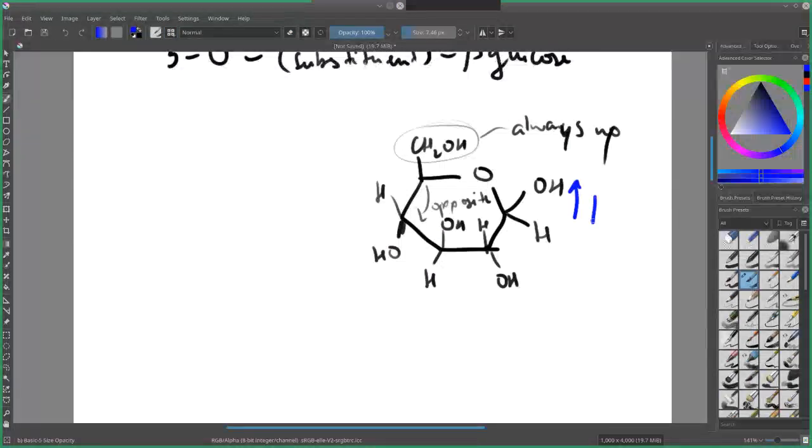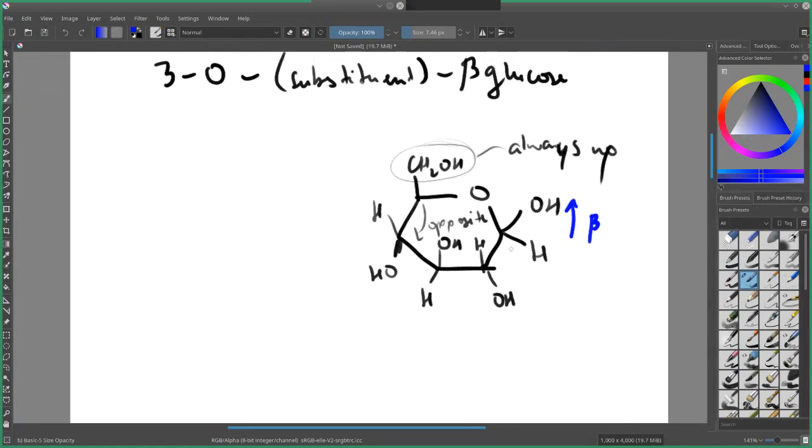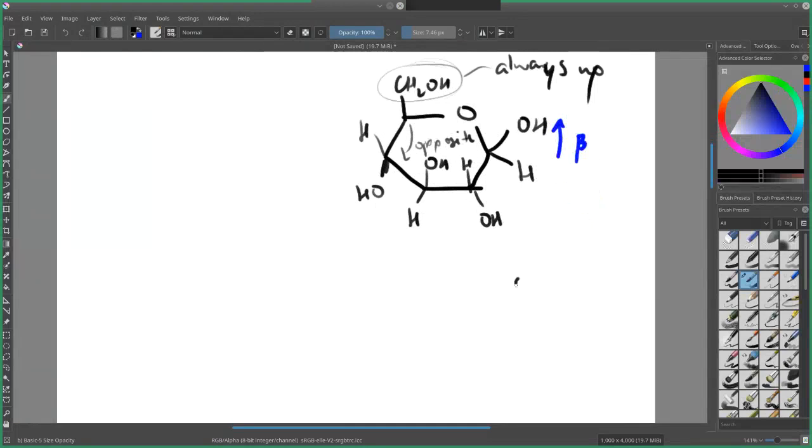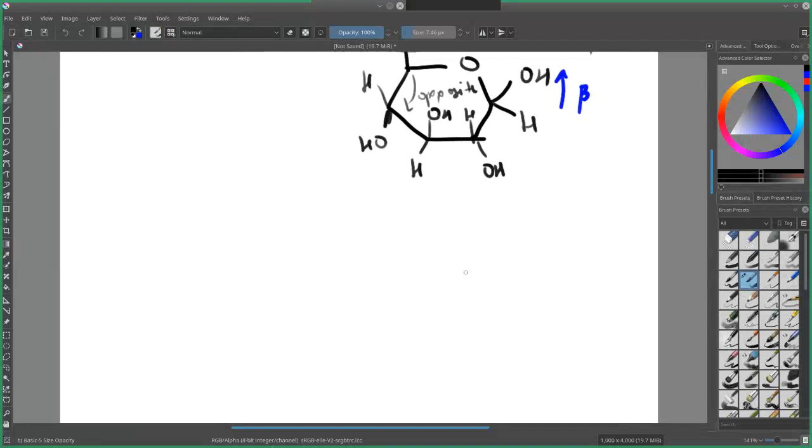Would you normally draw it like that, or could you also draw the chair conformation? Yeah, you could draw the chair conformation. Typically they're drawn this way. If we wanted to draw the chair conformation, we totally can. Maybe just to see what that would look like, it would be something like this.